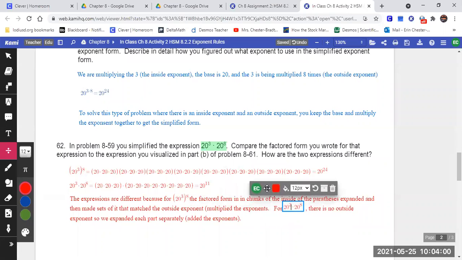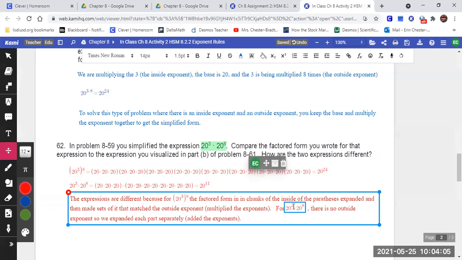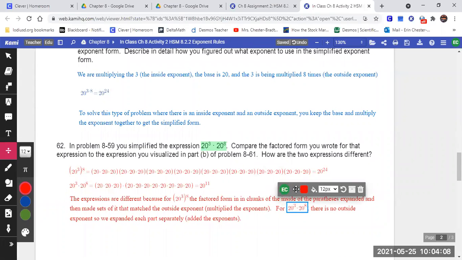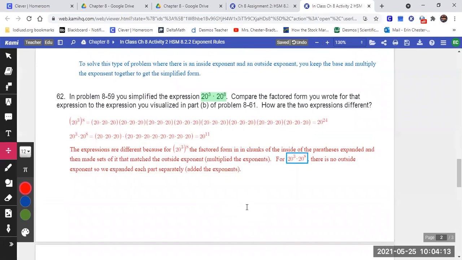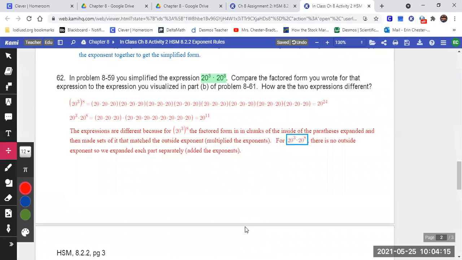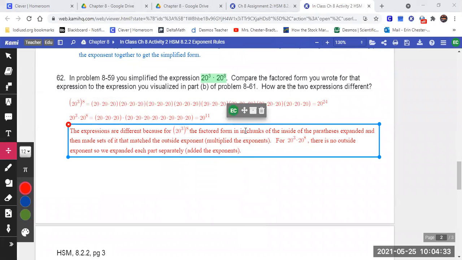Okay. So because the first one had an inside and an outside, we had to multiply the exponents. But the second one didn't have an inside and an outside, it had side by sides, so we added the exponents. All right? Does that make sense? Okay, so because the first one had an inside and an outside, we expanded the parentheses to make the chunks.